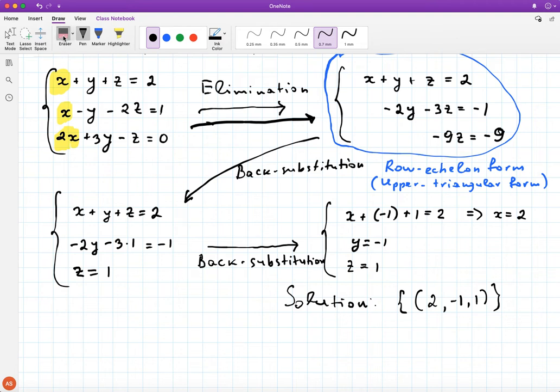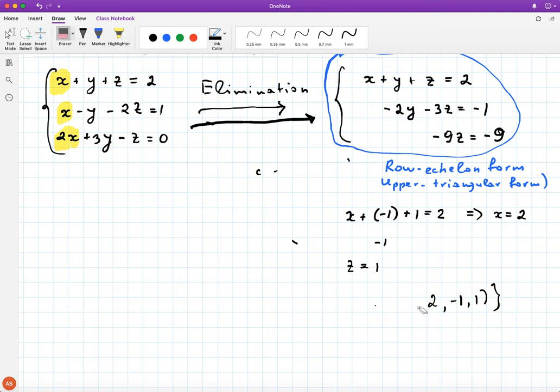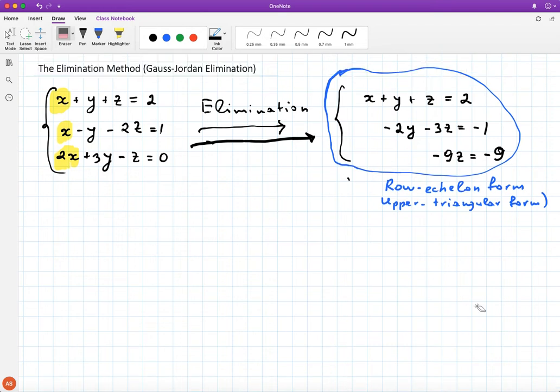Let me erase some of the results here to free up some space. So how do we accomplish this elimination? The first equation I will simply rewrite, we'll keep it unchanged.